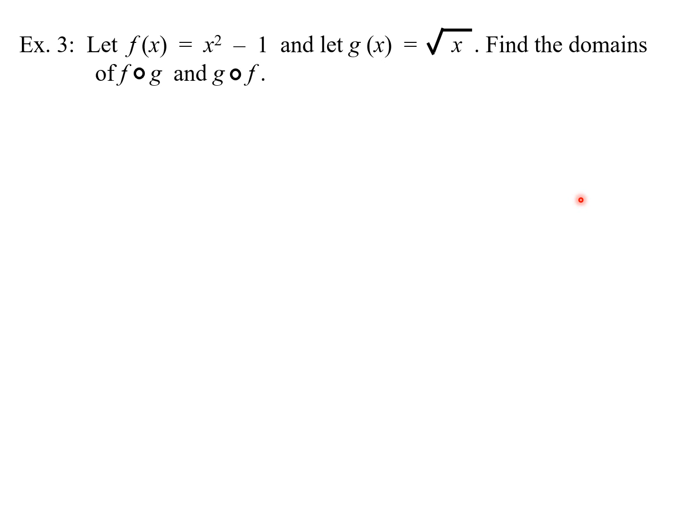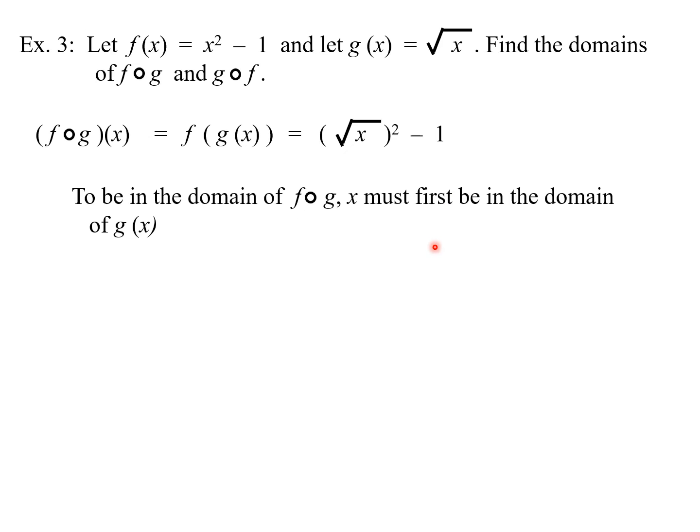All right, let's do this example. Given these functions, let's find the domains of these. So f of g of x is going to be plugging that in for the x here, and we get that. But to be in the domain of f of x, remember, x must first be in the domain of g of x, and g of x is restricted to numbers greater than or equal to 0.